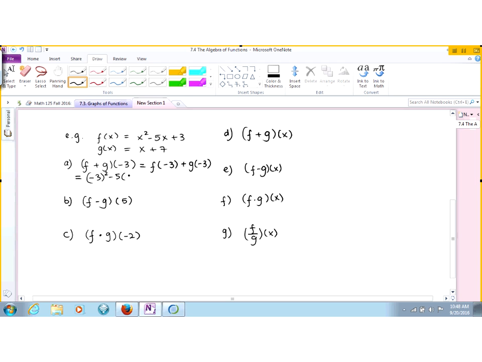So negative 3 squared minus 5 times negative 3 plus 3. So this is your f of negative 3. So we just substitute. Plus g of negative 3. What is g of negative 3? Negative 3 plus 7. Okay. So let's just calculate this. 9 plus 15 plus 3. 27 plus 4? What is 27 plus 4?